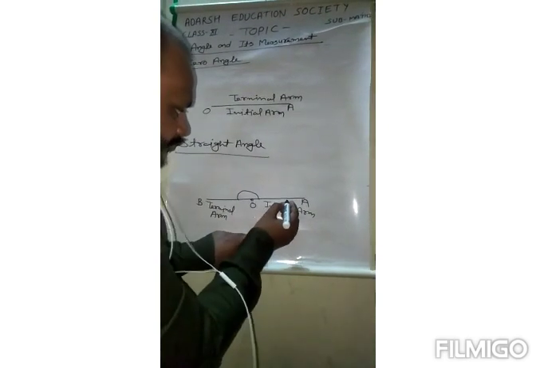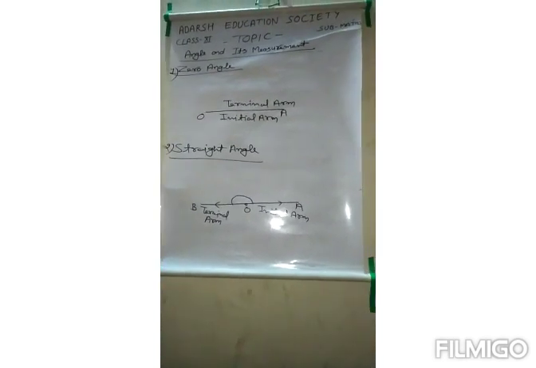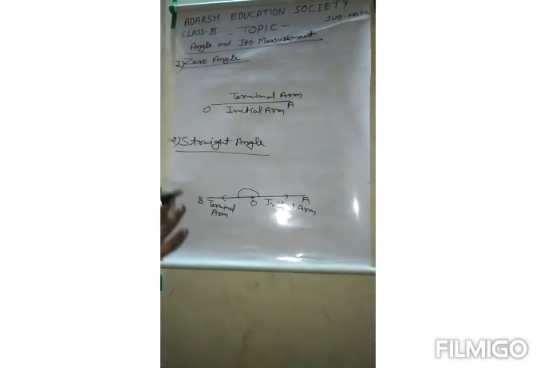Now you can see clearly here the point O is the center of the initial and terminal arm, and the directions of the initial arm and the terminal arm are opposite to each other. And one more thing, you have to consider that the initial arm and the terminal arm both lie on the same line, right?